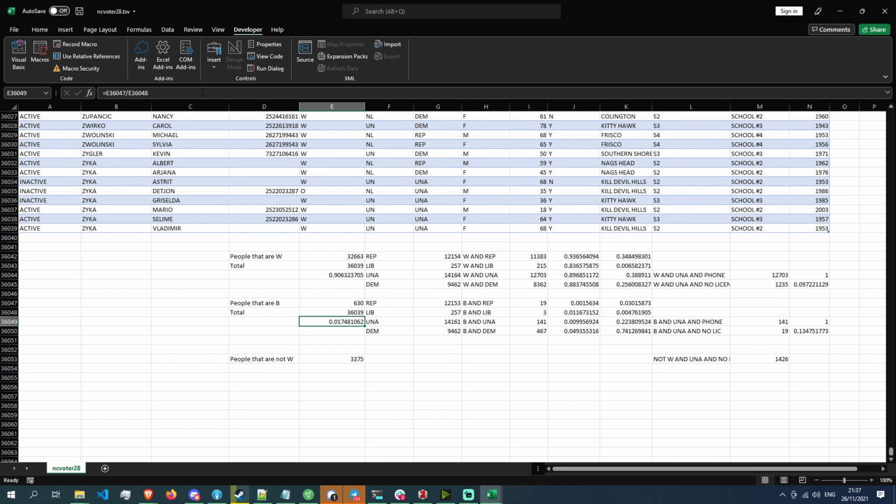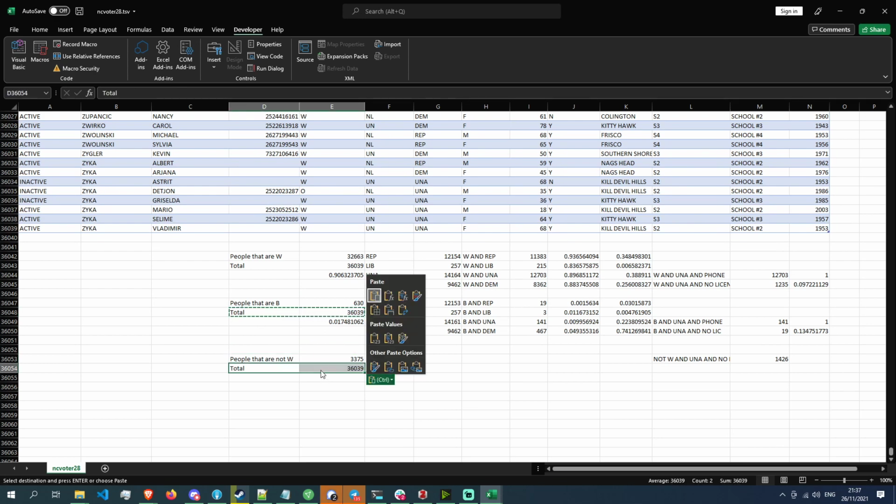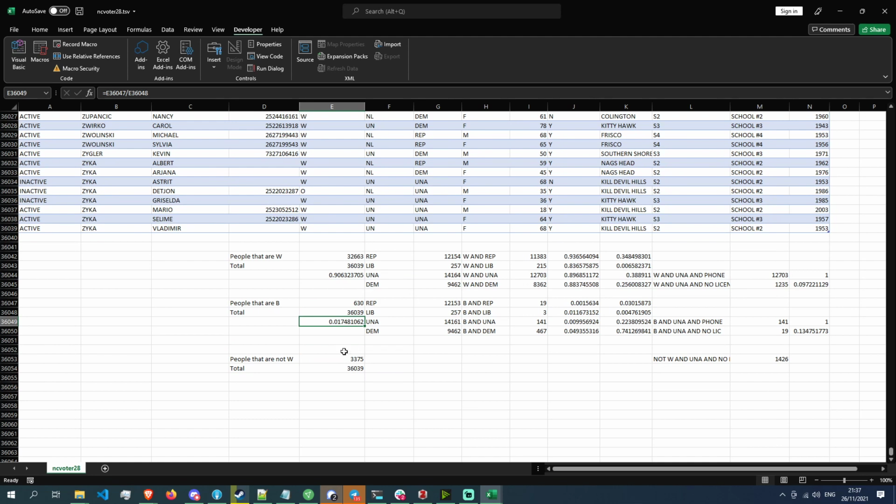Okay, this should be going to 44. Why is this going to 44? 39. There we go. So people that are not white, out of a total of 36039, this does E3. Oh, yep, there we go. This is 9.3% of the population who is not white.